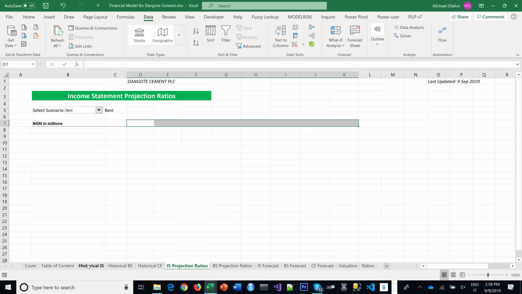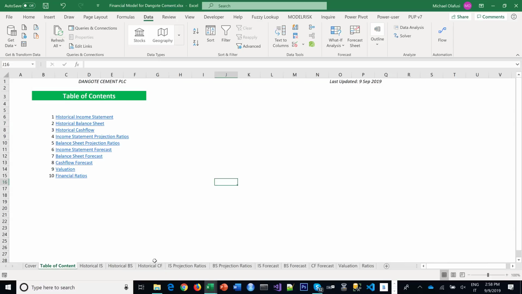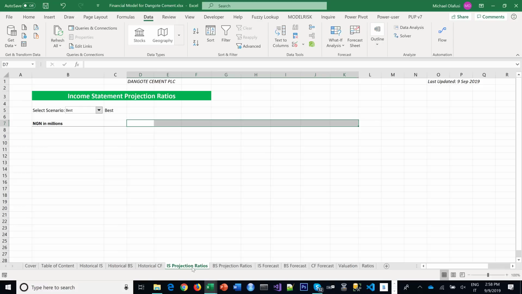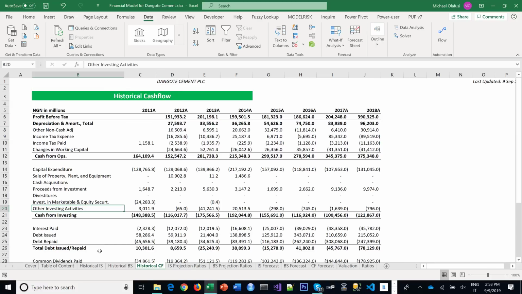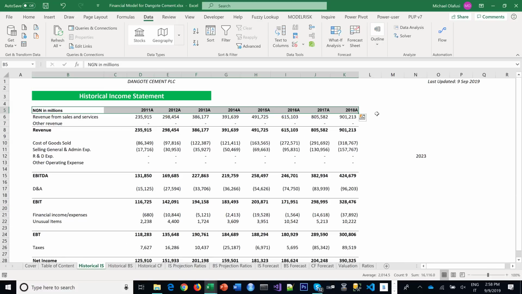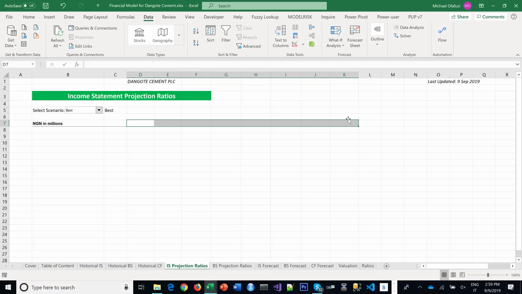So what I will do is to make it easy such that whenever a new year has come or you have a new financial year, once you update this, you want the years here to start also counting from there, right?